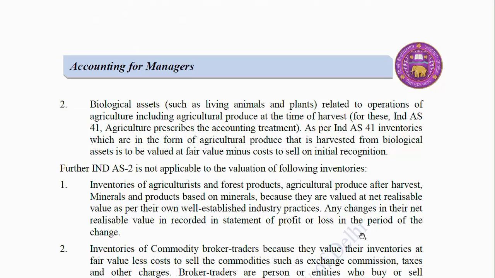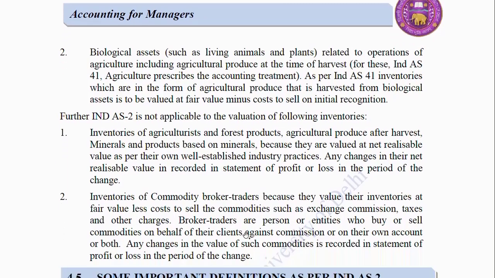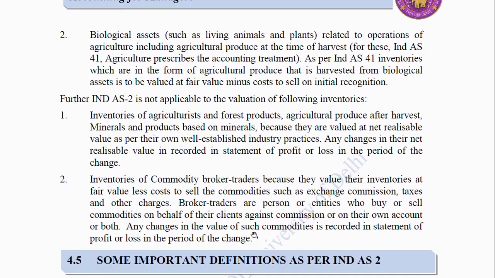Further, Ind AS 2 is not applicable to the valuation of the following inventories. Number 1, inventories of agriculturist and forest products, agricultural produce after harvest, mineral and products based on minerals, because they are valued at net realizable value as per their own well established industry practices.